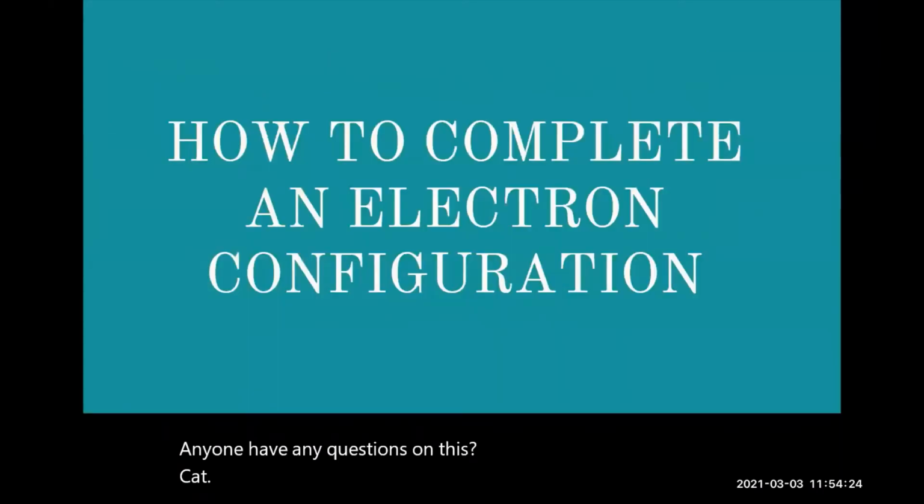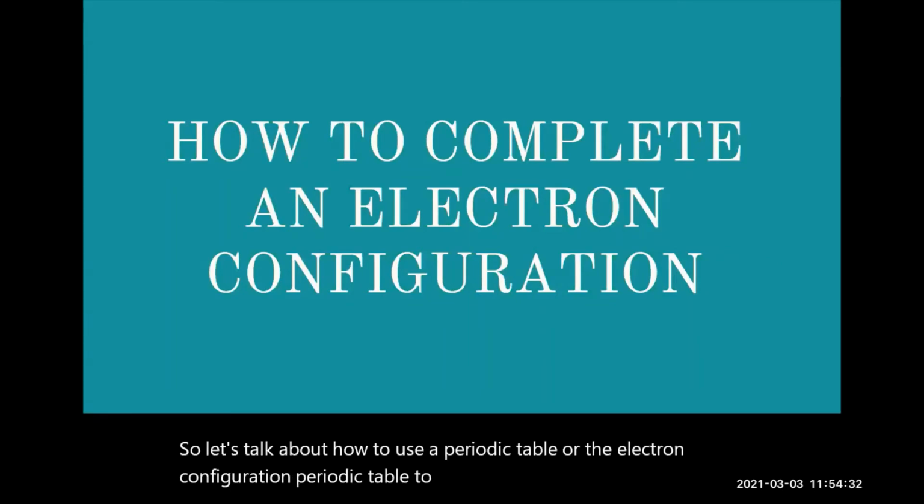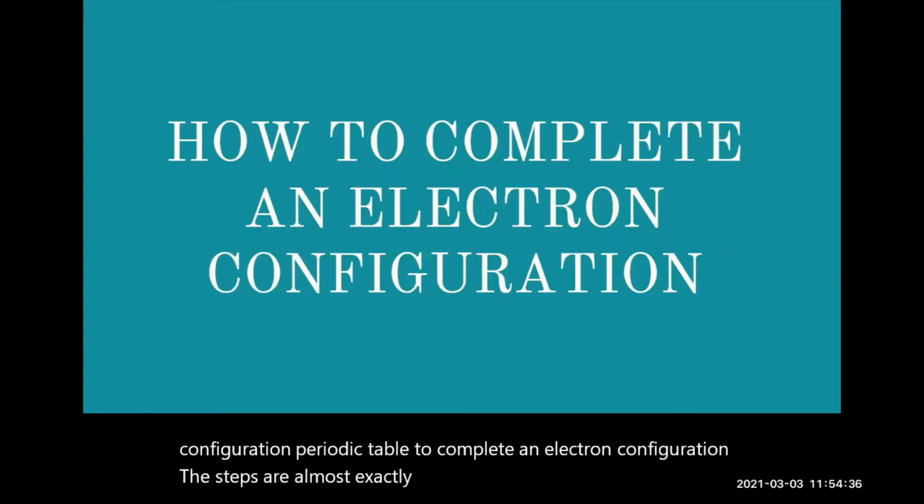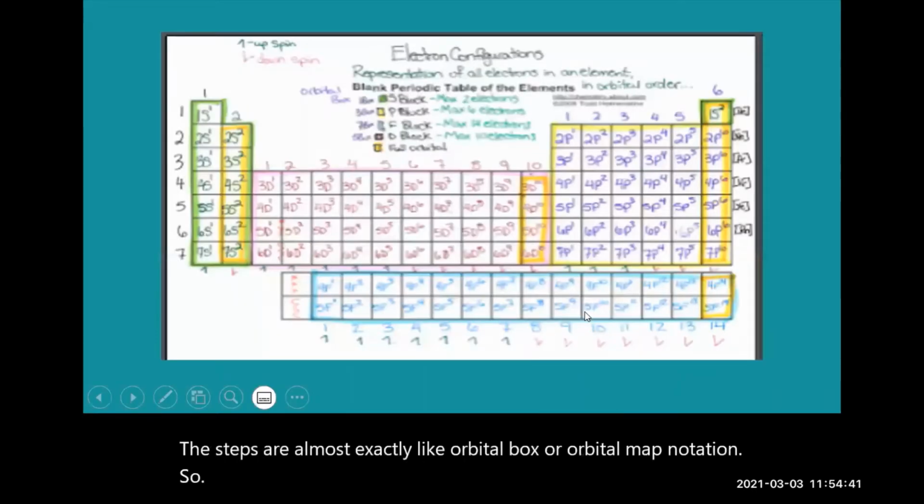So let's talk about how to use a periodic table or the electron configuration periodic table to complete an electron configuration. The steps are almost exactly like orbital map notation. So here is my electron configuration periodic table.